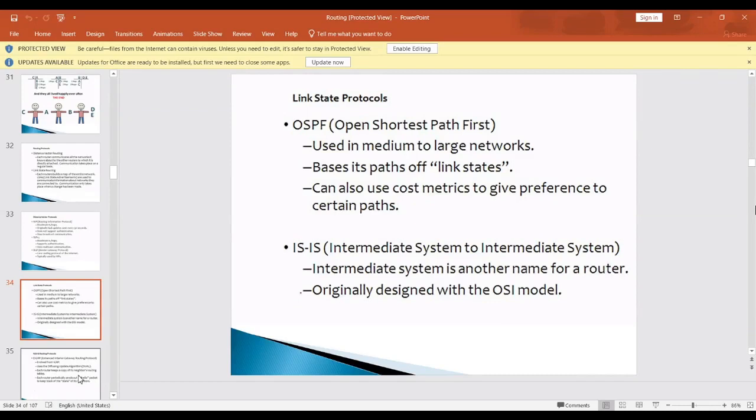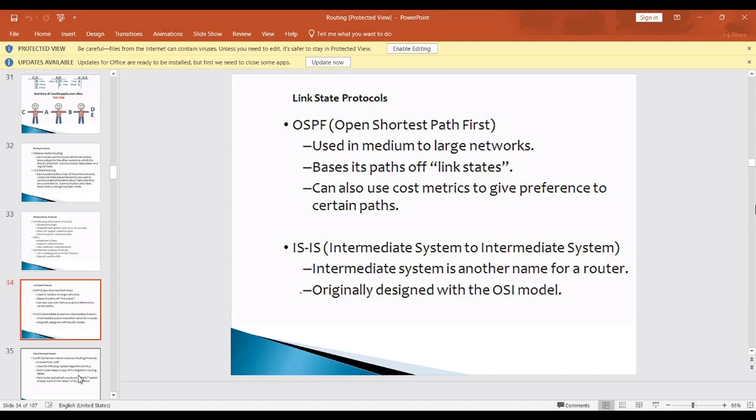They use an algorithm, and most of the time this routing protocol is used for medium to large networks, and it bases its paths on link states, and can also use cost metrics to give preference to certain paths.